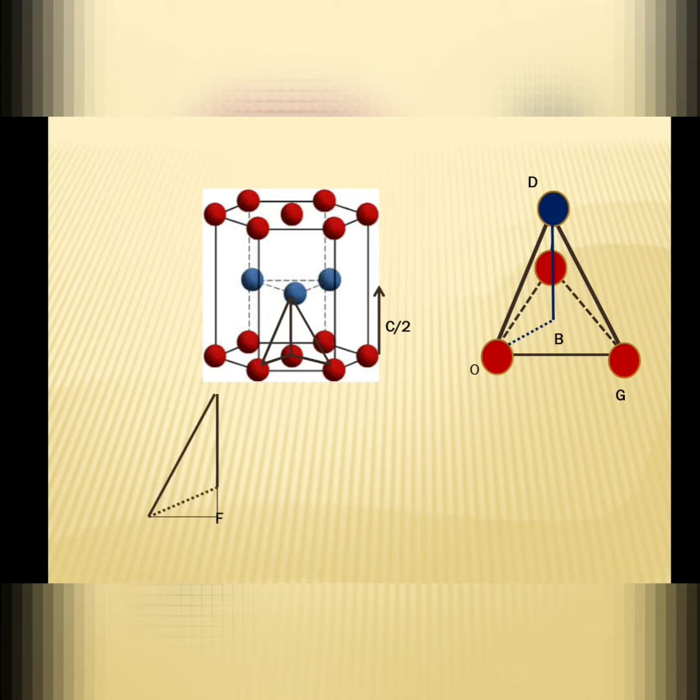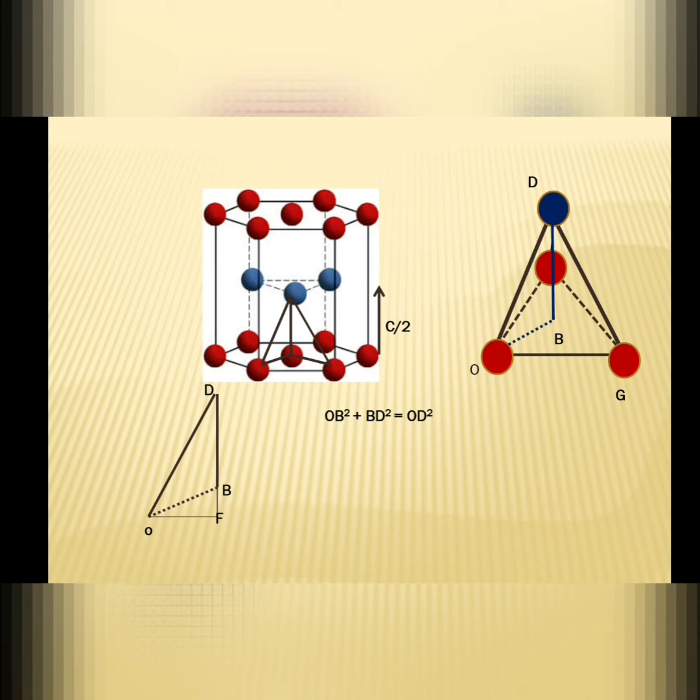Now draw the OBD triangle like that, and as it is a right angle triangle, and the right angle is the DBO angle, OB square plus BD square is equal to OD square.